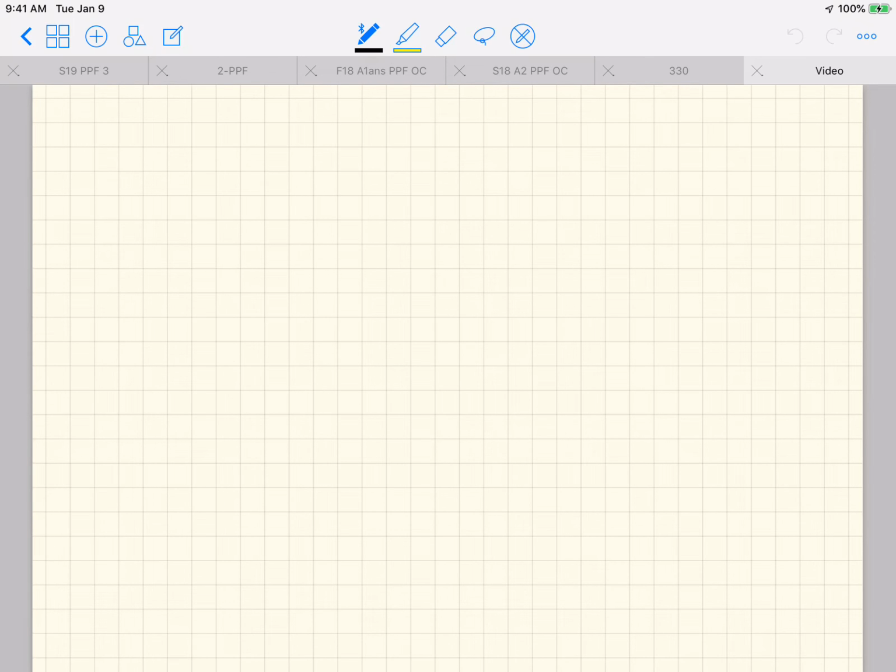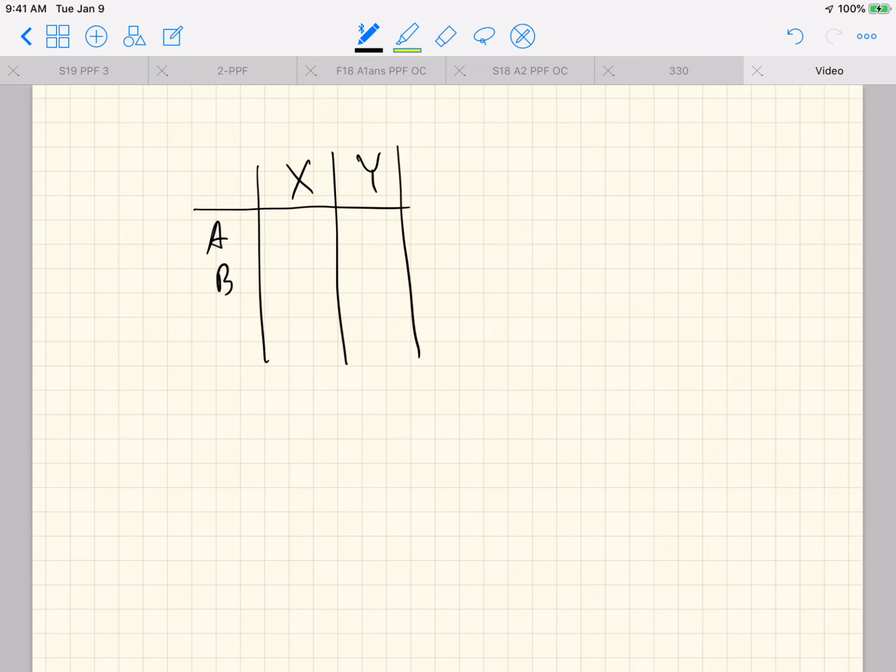Let's take a brief look at the table. So you have two columns, X and Y, and then you have A, B, C, D. These are bundles. And let's say you have 0, 50, and then 30, 0 here, and then you have 10, 48, and then you have 20, 30.